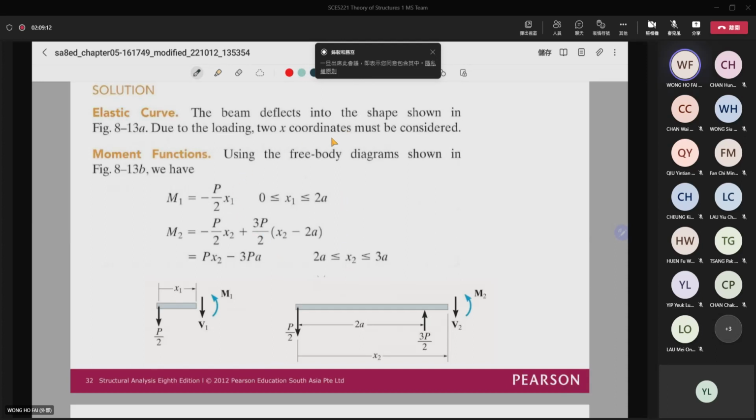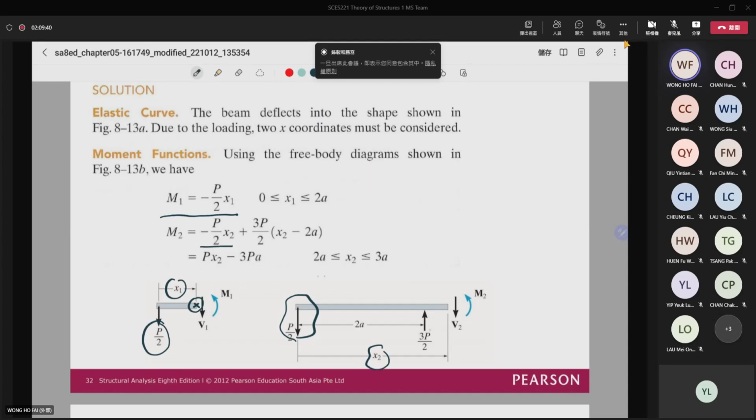So for the first part, we'll cut it as a function like this. So we take moment at the location here. So we have P over 2 times x1. And then this is the moment equation for the first part. In the second part, we will cut a free body diagram here, and then we consider P over 2 x2 because this one is P over 2, and then the length is x2.